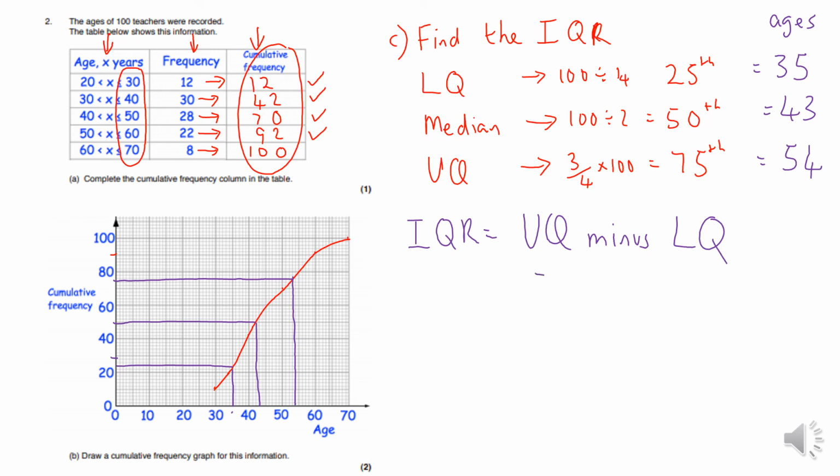So we've got up here the upper quartile is 54 minus the lower quartile is 35. And that equals 19.